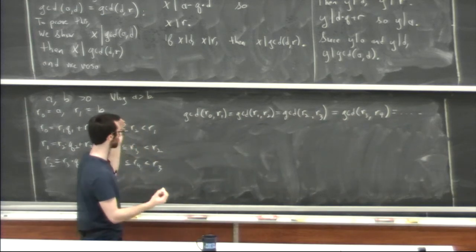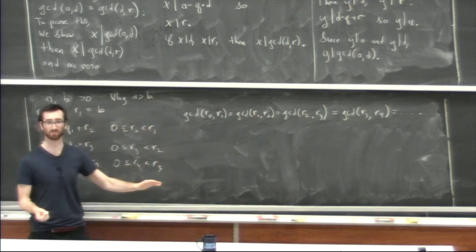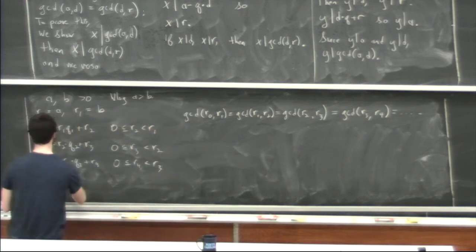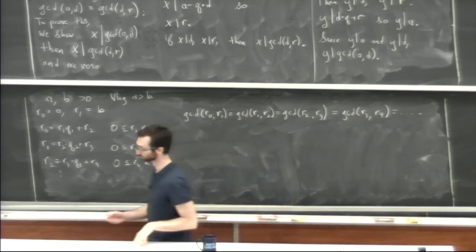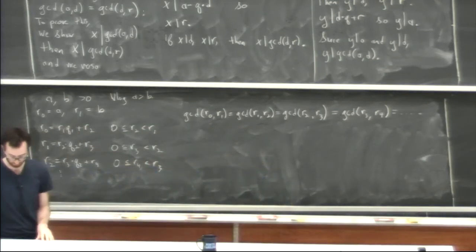What that process translates to is that this algorithm eventually terminates. That is, eventually, we're going to get all the way down until the point where we have something that looks as follows.